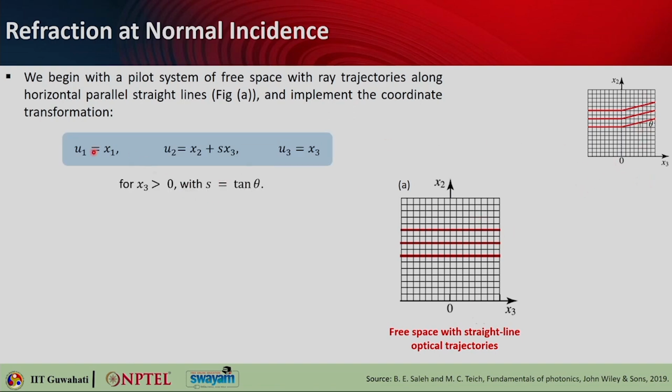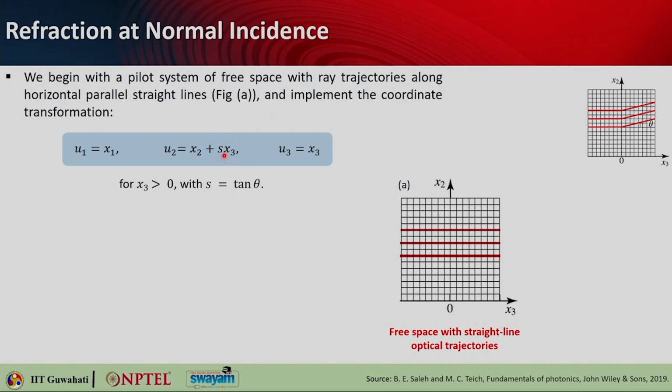You can think of this kind of transformation: the new transformed coordinate u1 will be equal to x1, but for x2 there has to be some change. The new coordinate u2 will be x2 plus s x3, okay, and u3 will remain the same as x3. You can use this kind of transformation, and you are only applying it for positive x3. What is s? s is basically tan theta, the angle theta at which you want the refracted rays to go.